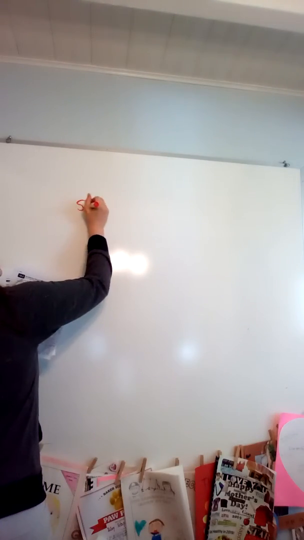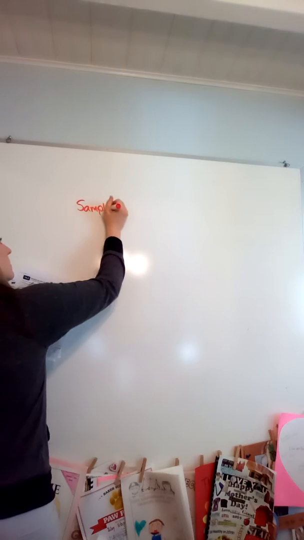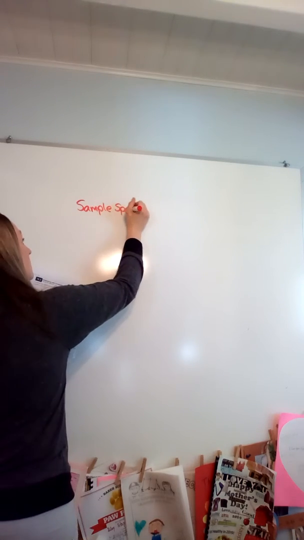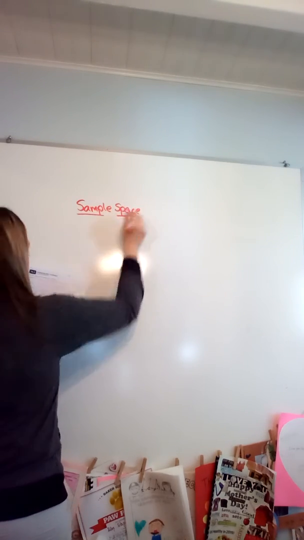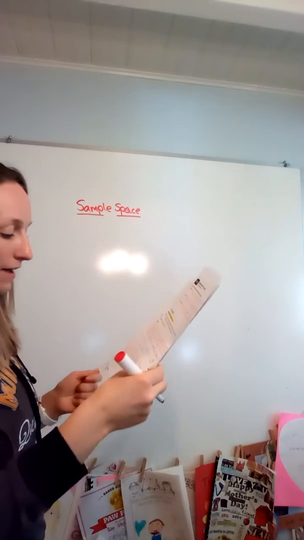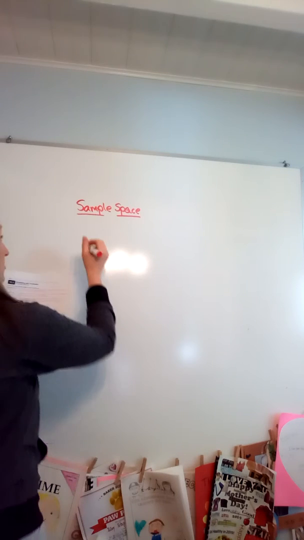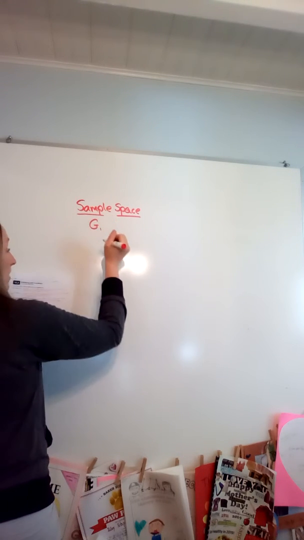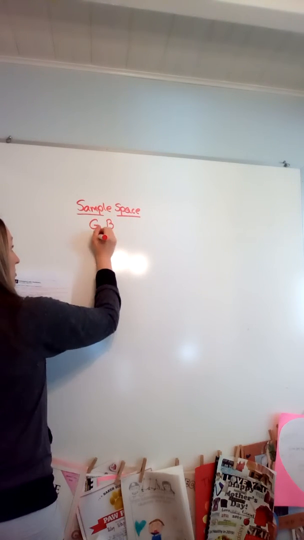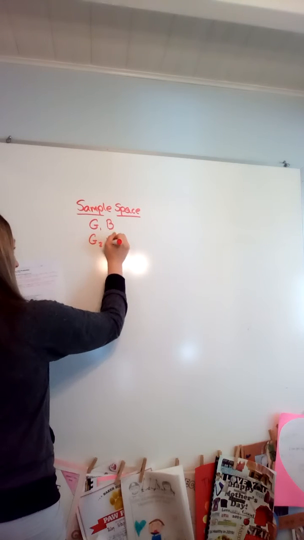We are going to list our sample space like we did for the last problem. So for the sample space, remember we have, how many girls again? We have 3 girls and a boy. So you could pick, I'm going to call them girl 1, the first girl and then the boy. You could pick the second girl and the boy.